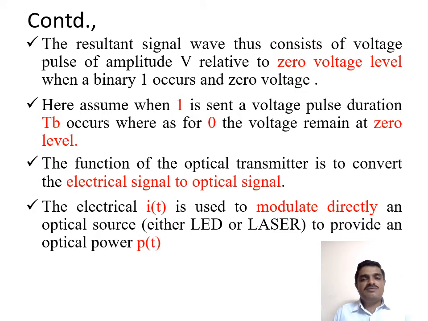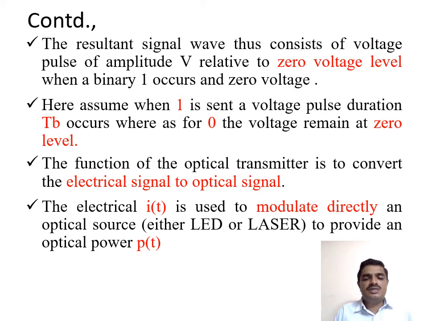The resultant signal wave thus consists of voltage pulses of amplitude V relative to the zero voltage level when binary 1 occurs. When 1 is sent, a voltage pulse of duration TB occurs, whereas for 0 the voltage remains at the 0 level. The function of the optical transmitter is to convert the electrical signal to an optical signal.